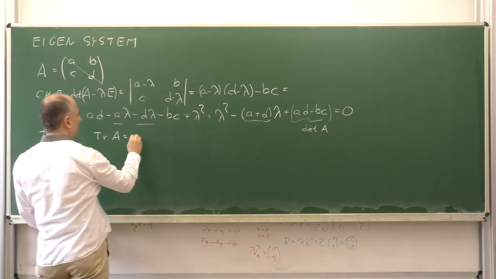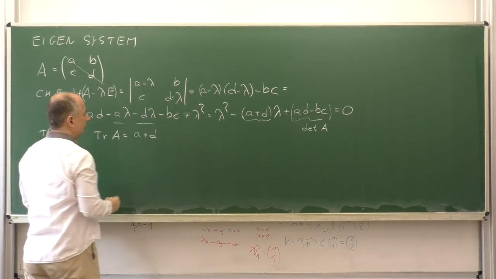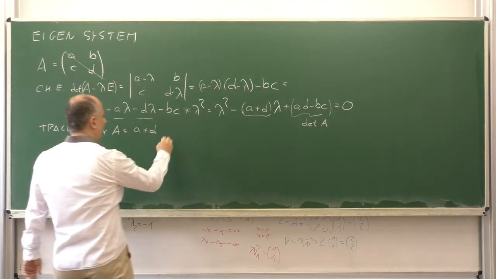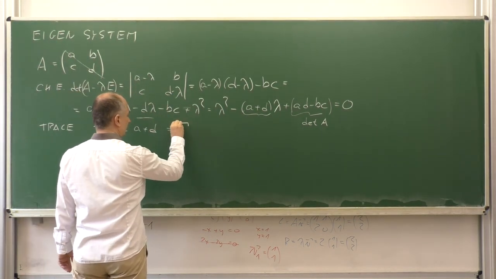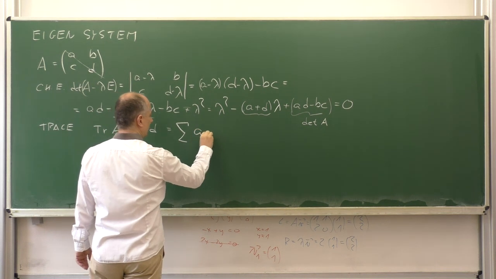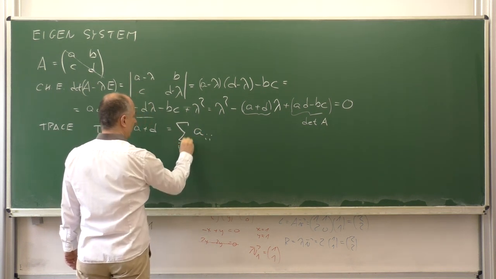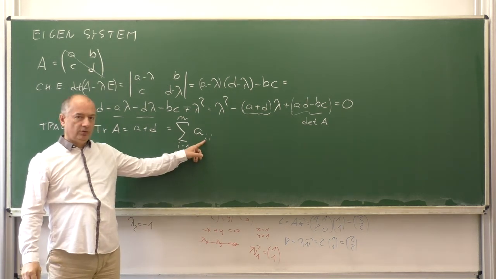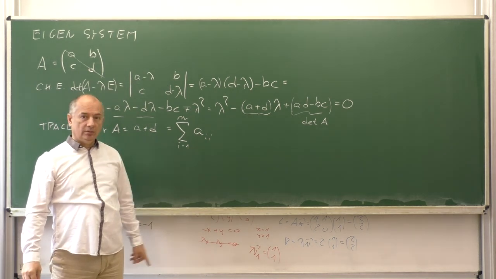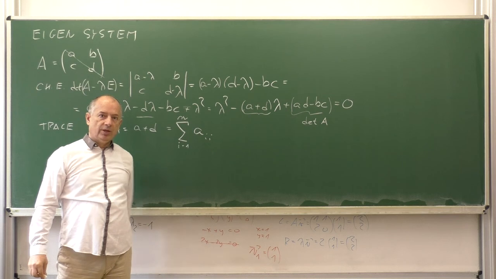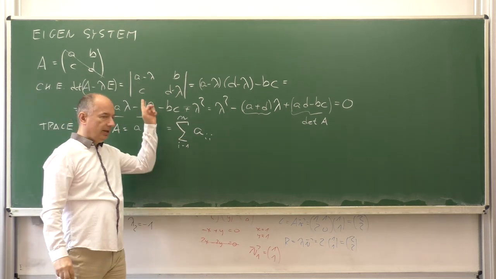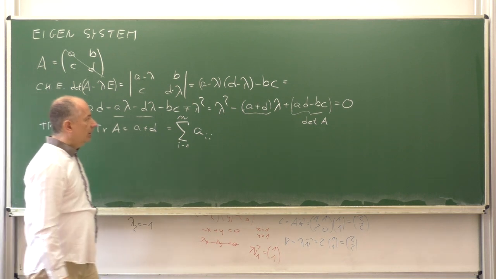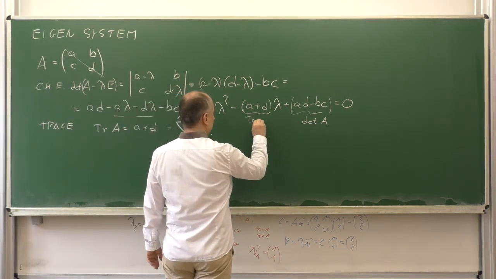For a 2x2 matrix, this is A plus D, or A11 plus A22. In general, for a larger matrix, it would be the sum of A_ii, i running from 1 to n. That means that the number of the row is equal to the number of the column. These are the entries on the principal diagonal, and we add all of them. So this is the trace.